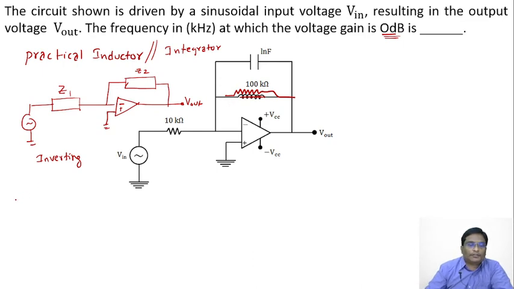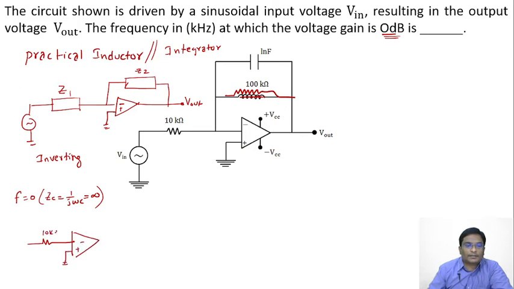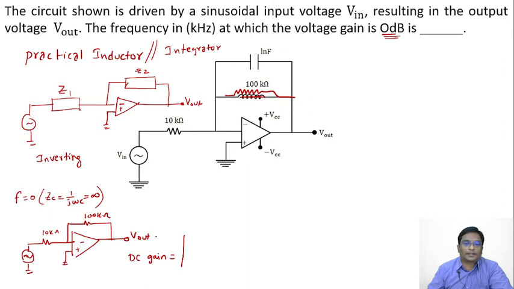The circuit then has a 10k resistor, no capacitor right now, and a 100k feedback resistor. The DC gain is minus RF by R, feedback resistance by input resistance.